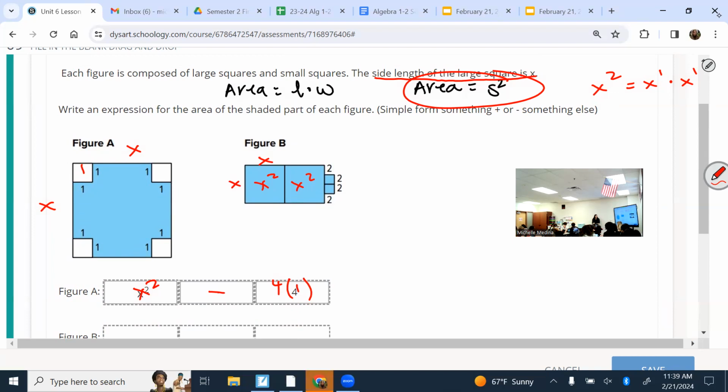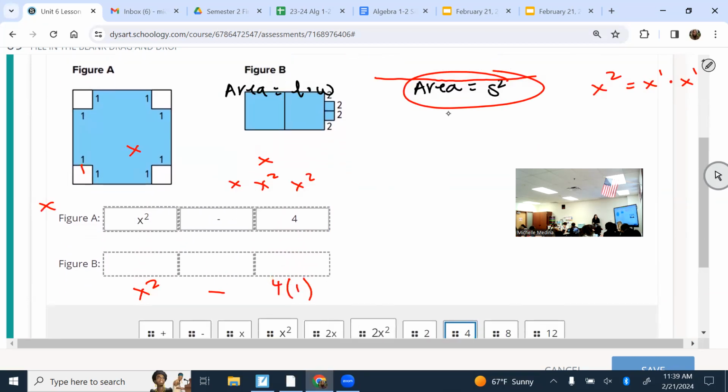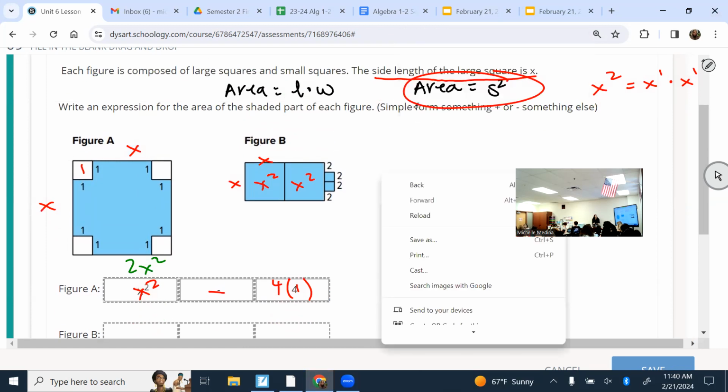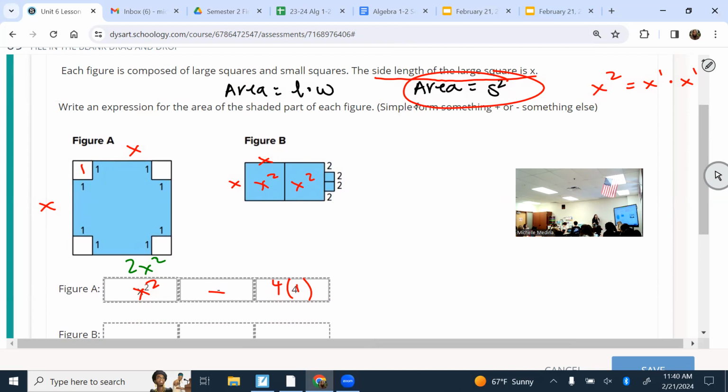So I can write an expression down here. I have 2 areas of X squared. Then we have these little squares connected to it that are also shaded. Does that add or subtract from the total shaded area? So you'll put a plus.